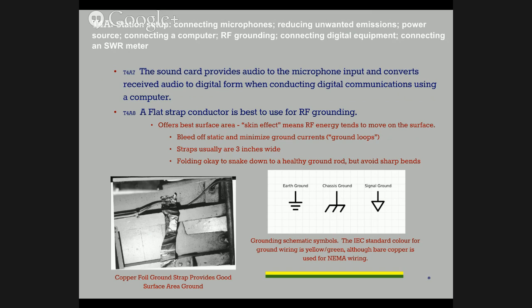The high surface area also helps to bleed off static discharges, which prevents static from building up around a setup. It's also important to have a common ground point. That way we don't create ground currents and ground loops.